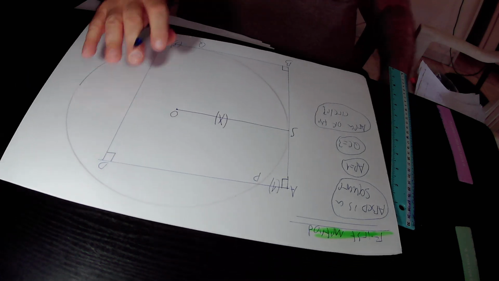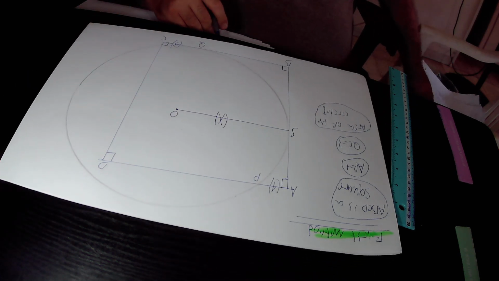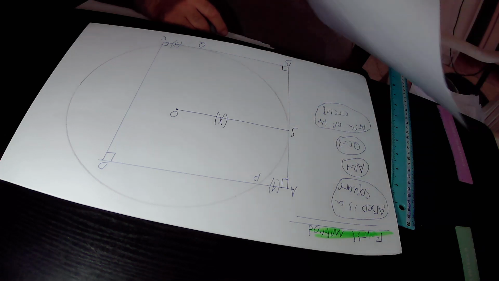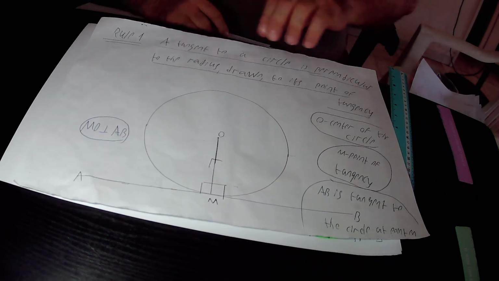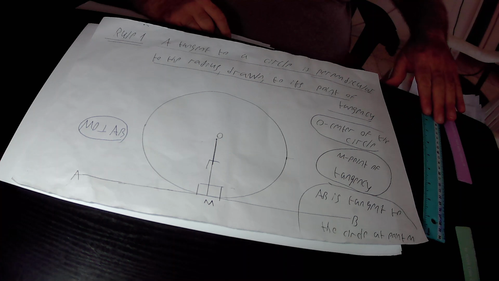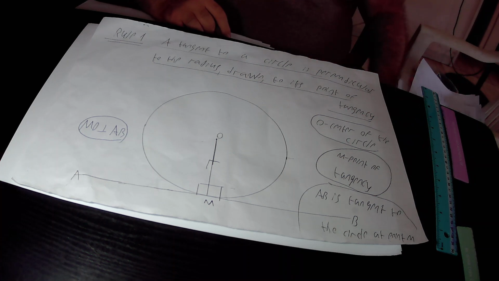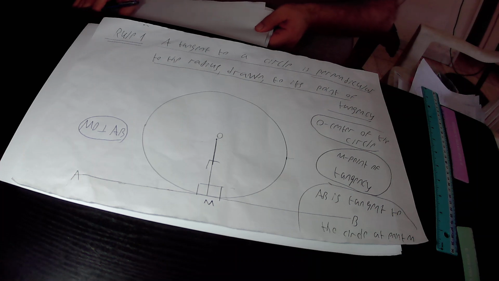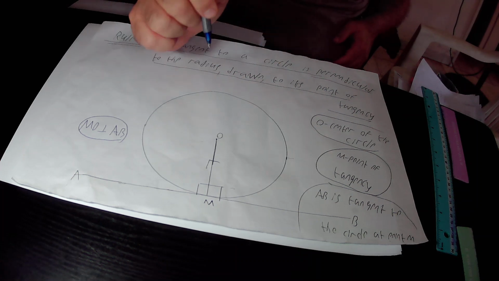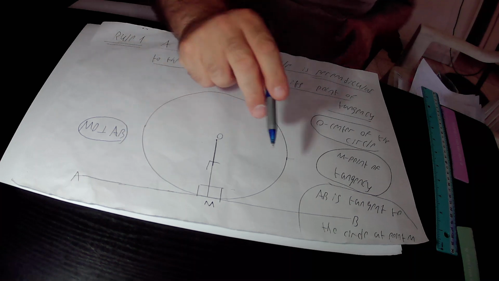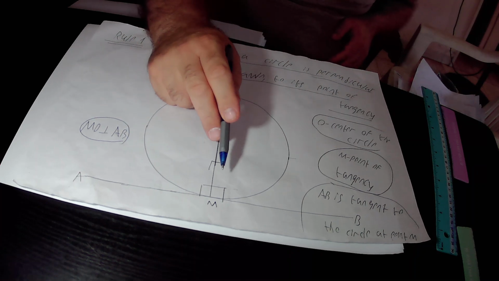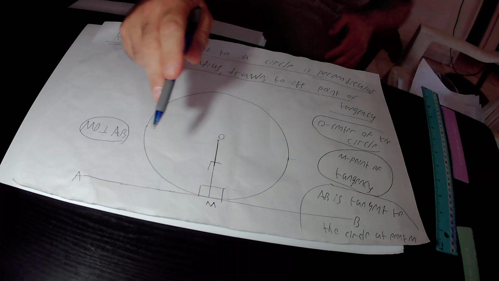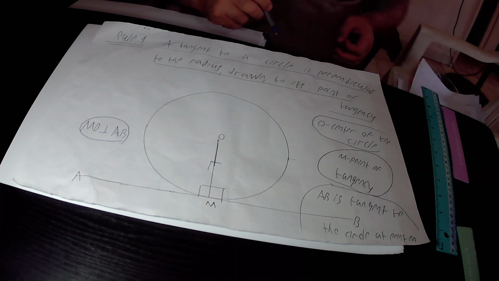So here we can implement rule 1. I'll quickly repeat rule 1. According to rule 1, a tangent to a circle is perpendicular to the radius drawn to its point of tangency. So in the drawing we have a circle, and this is tangent AB, which is tangent to this circle at point M. Point M is the point of tangency of tangent AB with this circle.